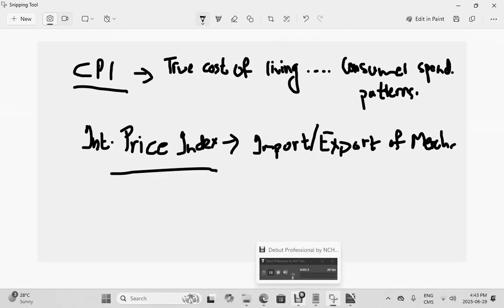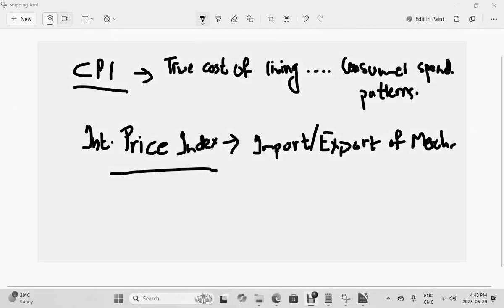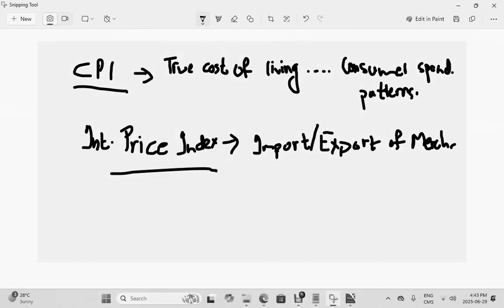Apart from your international price index, you also have your employment cost index, and it has to do with the inflation of wages.